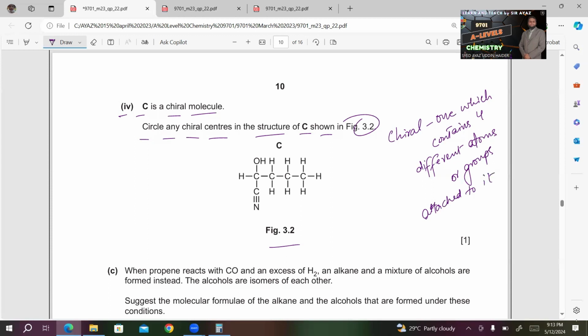If you look at this, the carbon must be having 4 different groups. We have OH group, hydrogen, CN, and this one. The structure must be like this. We say chiral. So we have C3H7.